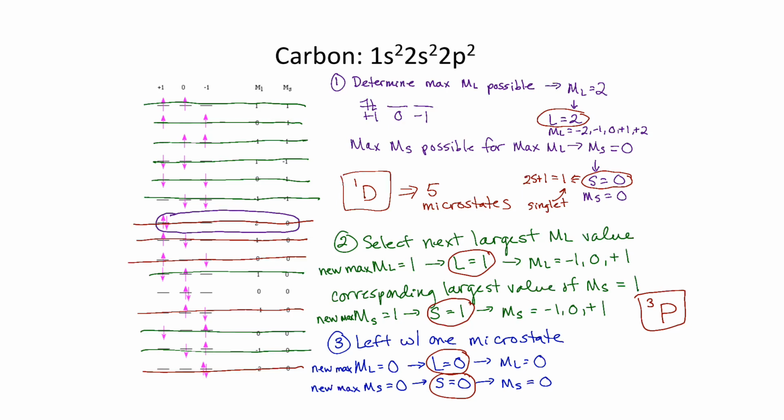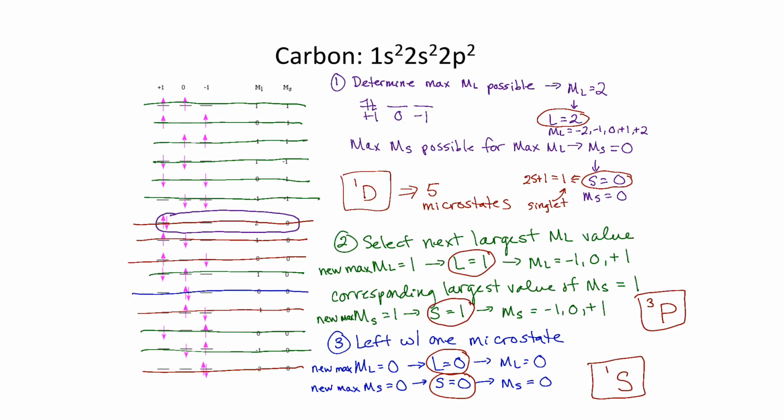Here L equals 0 gives us an S designation, and an S of 0 will give us a singlet. So 2S plus 1 equals 1 in this case, and we get our singlet S term symbol.